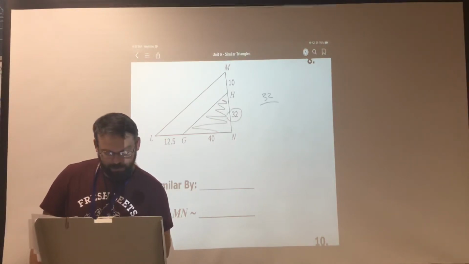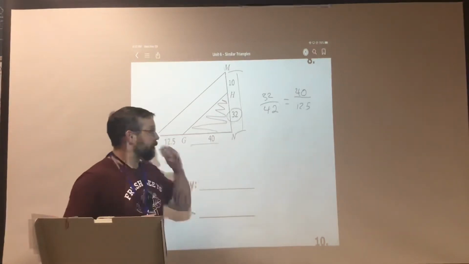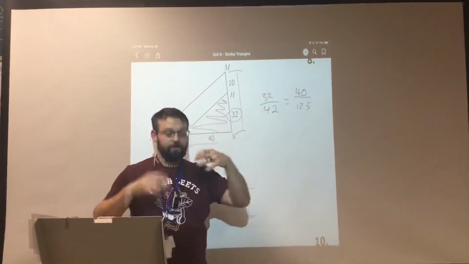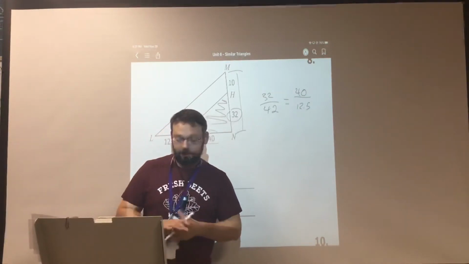So I could say 32 over the big side, which is 42, and then likewise the GN right here, which is 40, I could set it over the 12.5, and I could cross product and determine if these sides are indeed in proportion to each other.